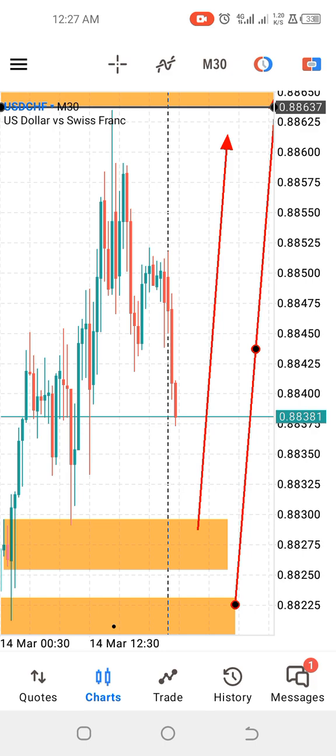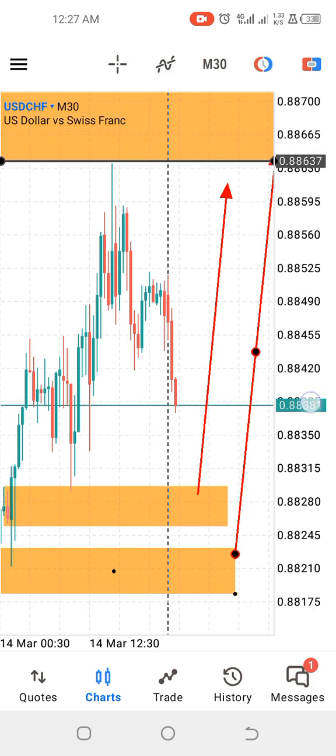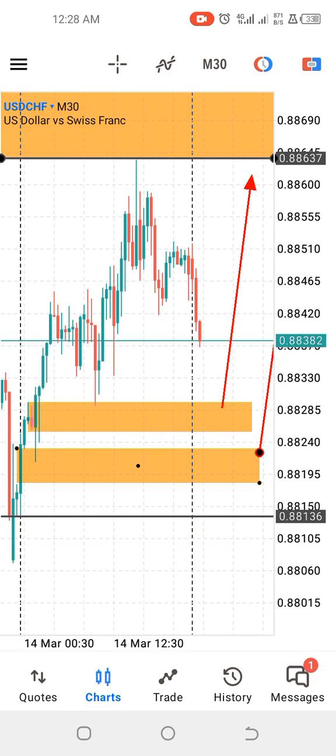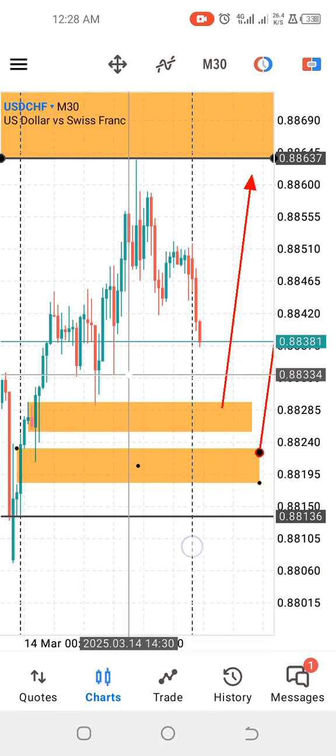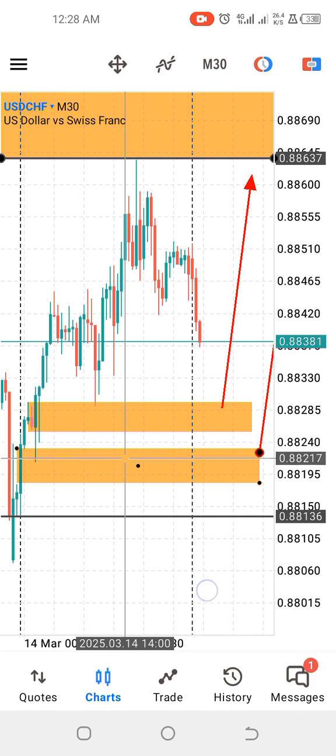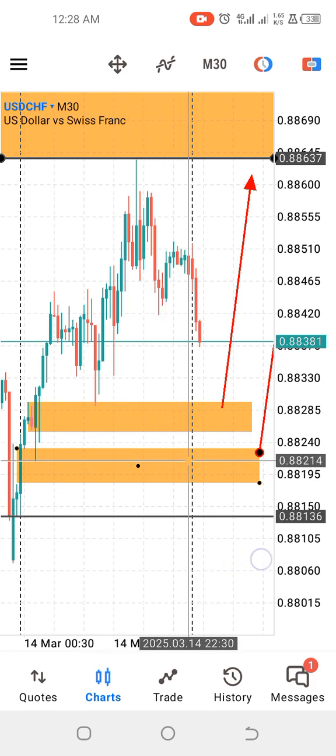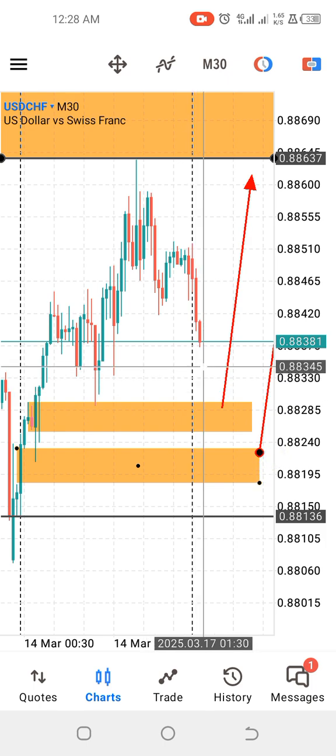So with this knowledge, once it is morning, I'll start to monitor the movement of price, how price will relate to both of these zones, this first zone and this second zone. Once I get those confirmations, what are the confirmations?